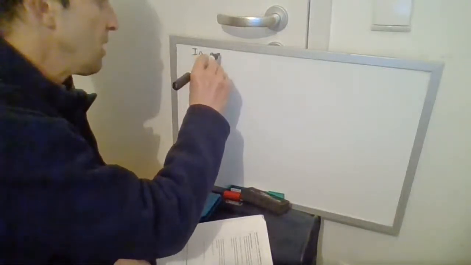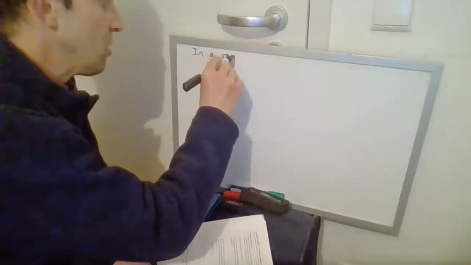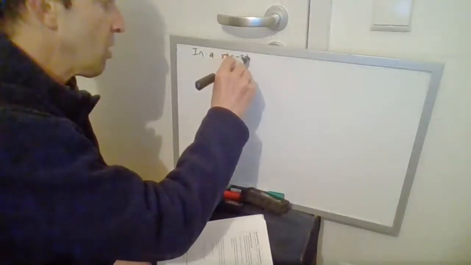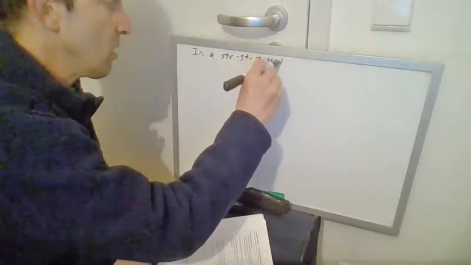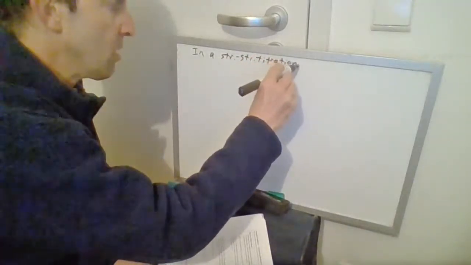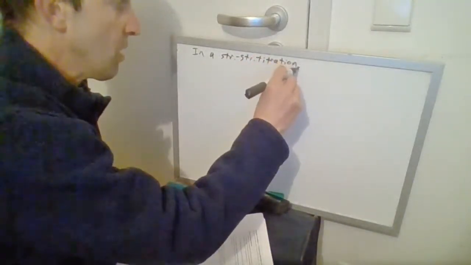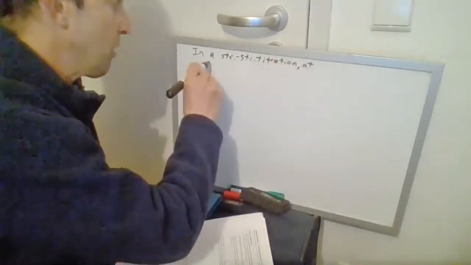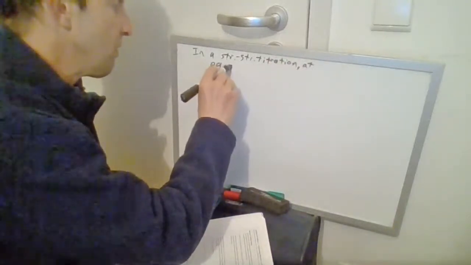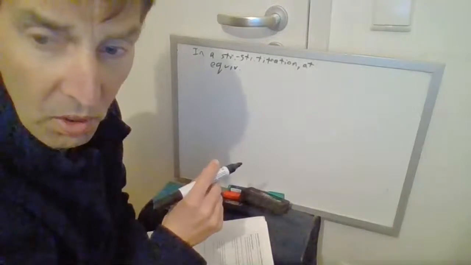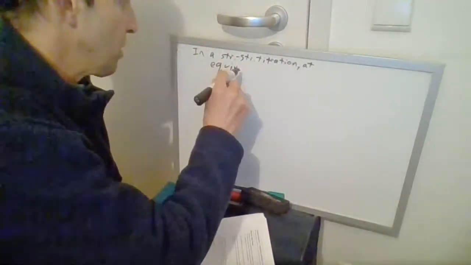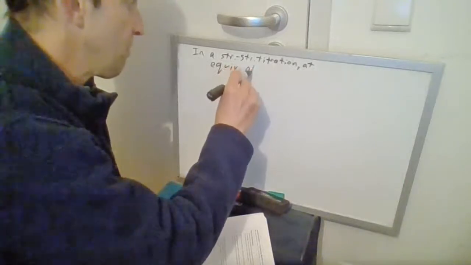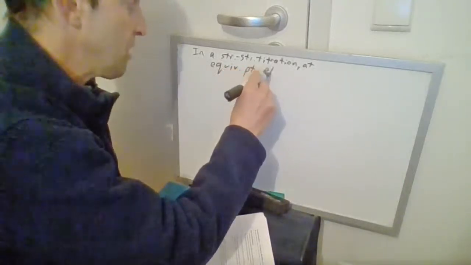In a strong-strong titration, I'm doing a little review with you in case you haven't figured that out. At the equivalence point, pH equals 7.